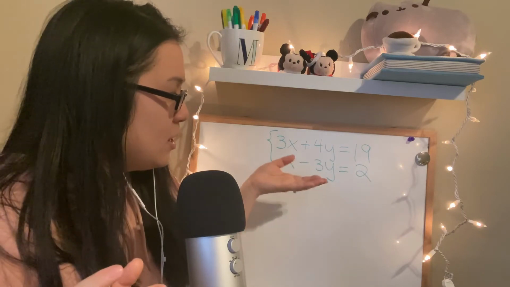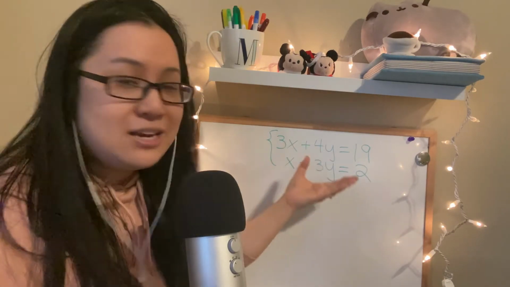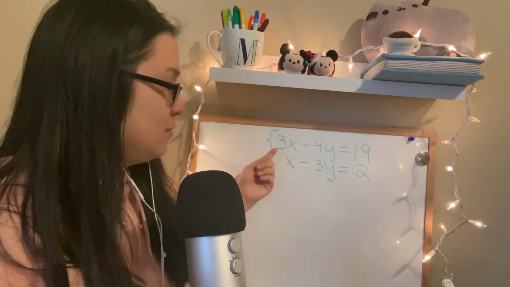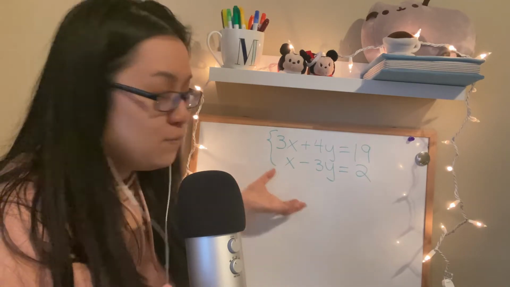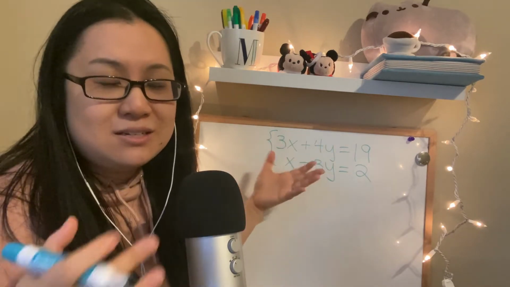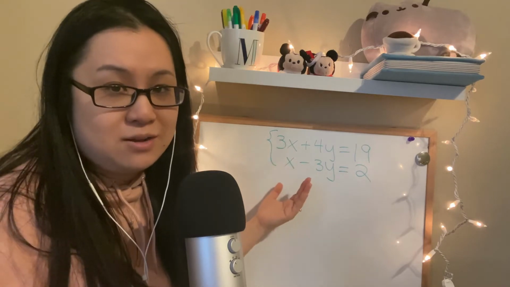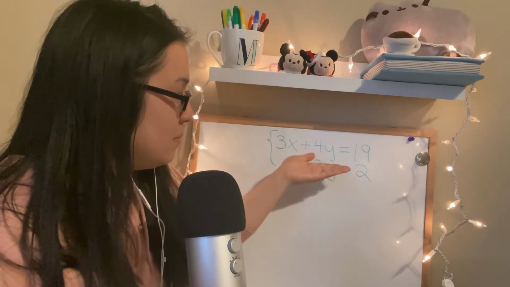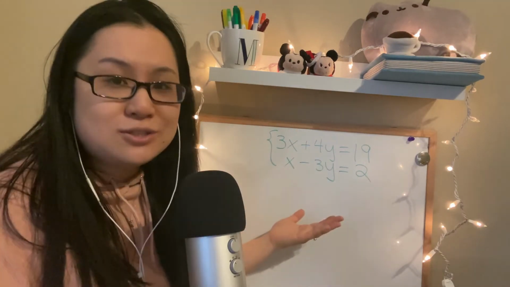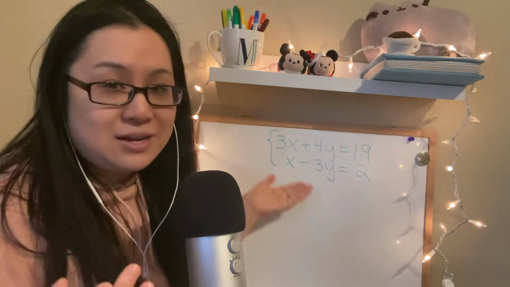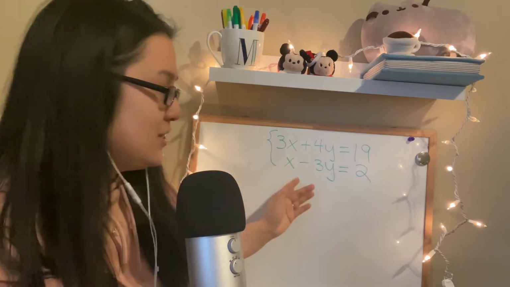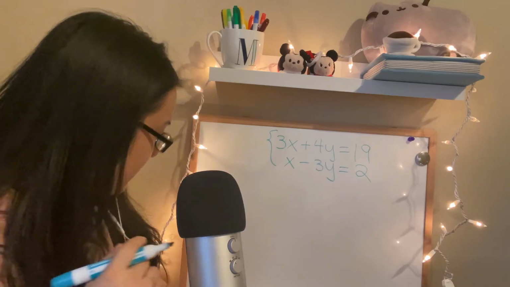That way I can plug in or substitute that expression in place of the x in the other equation. So we extract information from one equation and substitute that into the other so that we basically eliminate one of the variables. And we'll use one equation with one variable at that point to solve for one of them, and then plug back in to solve the other. Okay? Sounds like a mouthful, but let's get a concrete idea of what's happening here, okay?